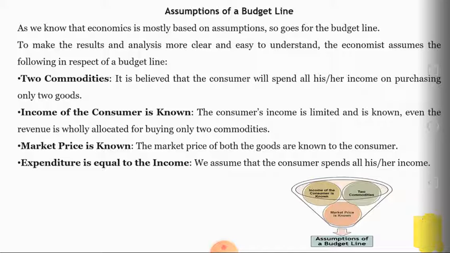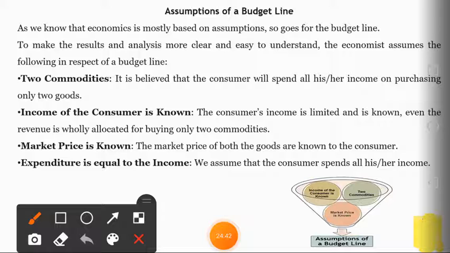So finally, expenditure is equal to the income. We assume that the consumer has spent all her income. I think this is more visible. So these are the assumptions we should keep in mind before making the budget line. It is believed that the consumer will spend all her income on purchasing only two goods.